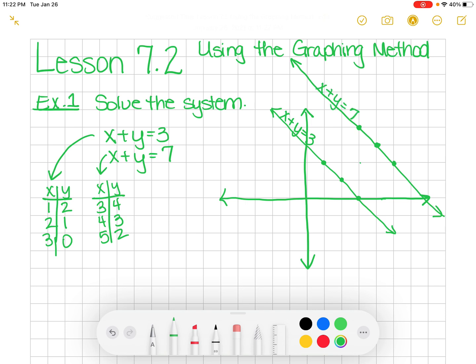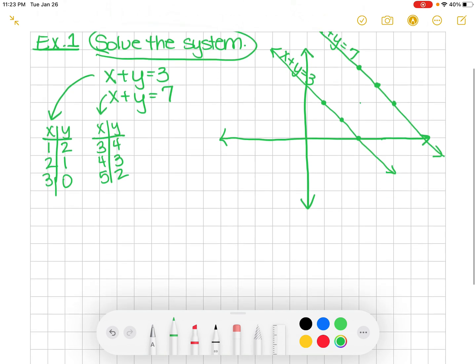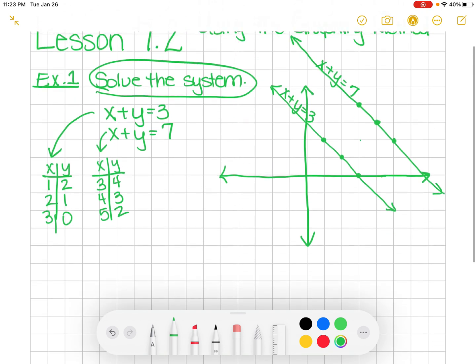Okay, so do you see a problem here? Our problem is that to solve a system, we need to be able to see where they cross. Well, do these 2 lines look like they are going to cross at any point? No, these are parallel lines, and so they will not ever cross, right?